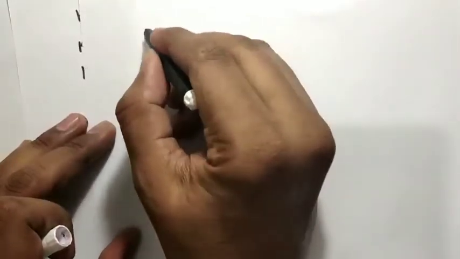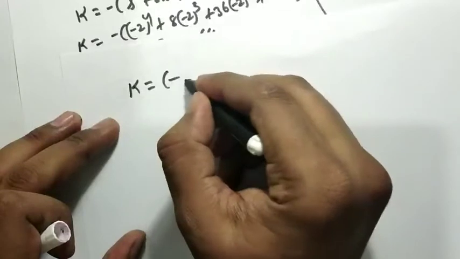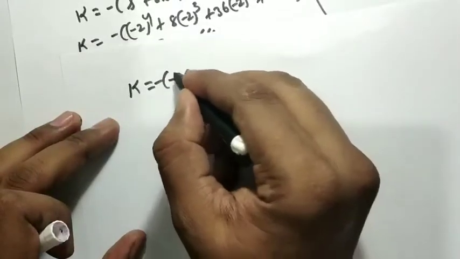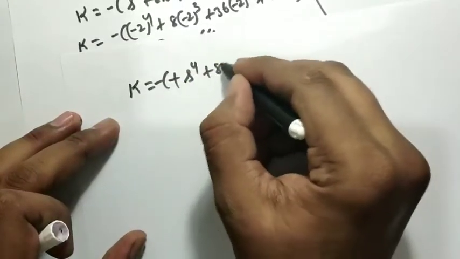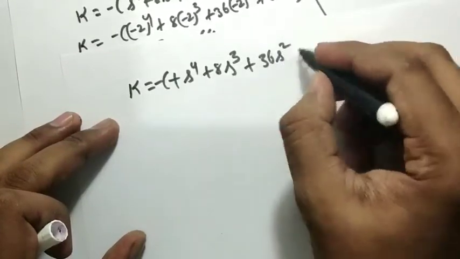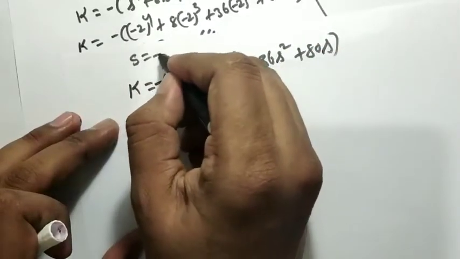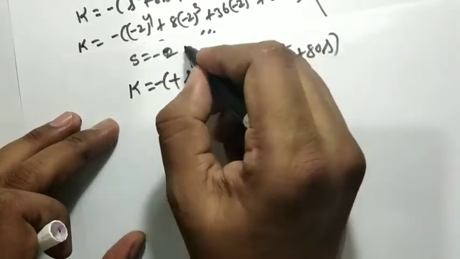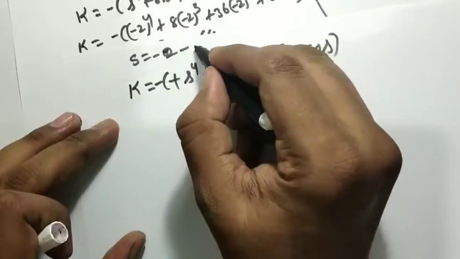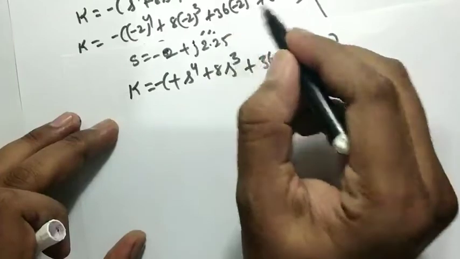Next we substitute for k, so you know that k is equal to minus s power 4 plus 8 s cubed plus 36 s square plus 80 s. So that's for s is equal to minus 2 minus or plus j 2.25.